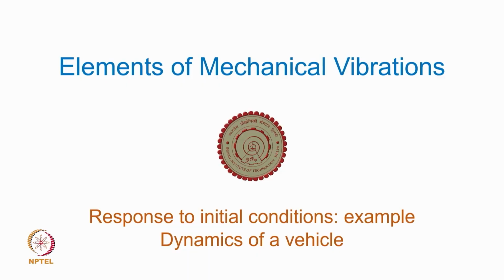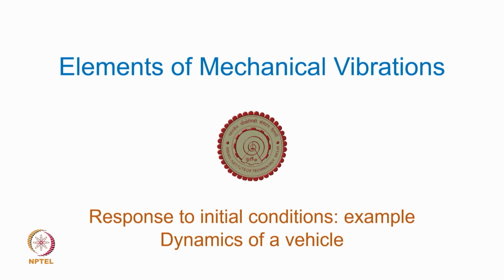Hello and welcome to this lecture of the course Elements of Mechanical Vibration. Last lecture we dealt with the concept of mode shapes. We had an introduction to response to initial conditions, and we continue our discussion later on the dynamics of a body which can have 2 degrees of freedom, but the system as such does not have 2 masses.